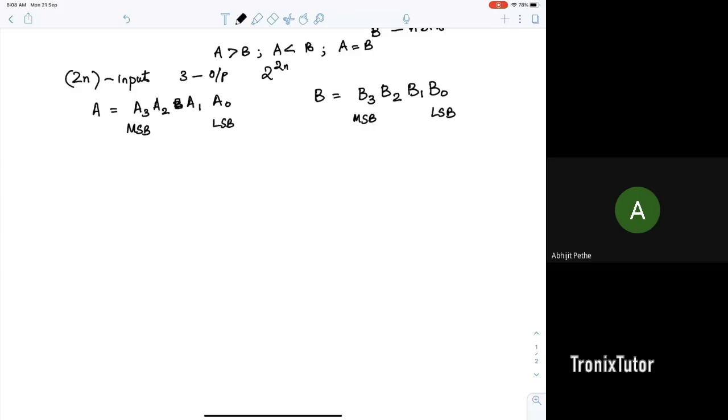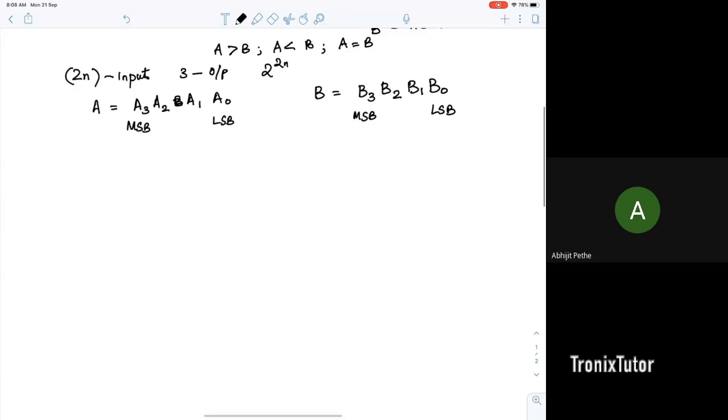So if I have two numbers, where would I start? Would I start at the MSB or LSB? Remember, we're going to go bit by bit. If A3 is equal to 1 and B3 is equal to 0, then we know that A is greater than B. And if A3 is equal to 0 and B3 is equal to 1, then we know that B is greater than A, right?